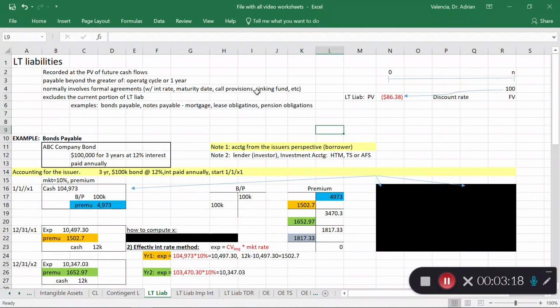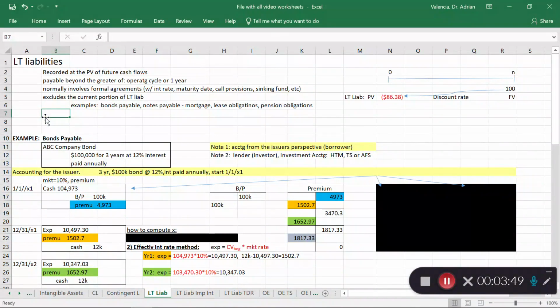And very important, even though we have long-term liabilities, there's usually a short-term portion of that long-term liability that is removed. So, with bonds payable, with notes, mortgages, all that kind of stuff, whatever the current portion of that liability is, in other words, whatever amount is due within the next operating cycle or year, that needs to be separated to current liabilities.